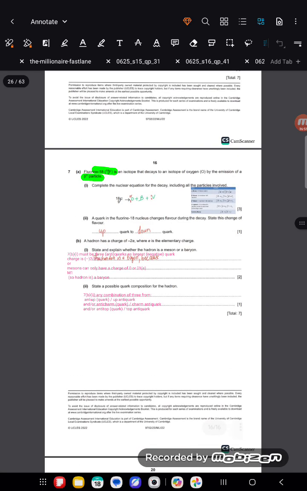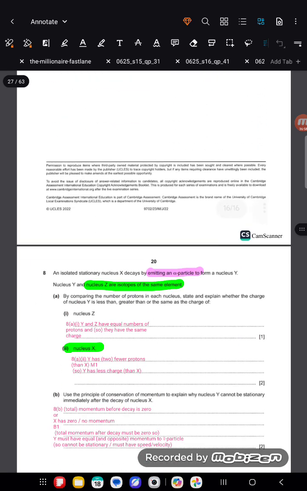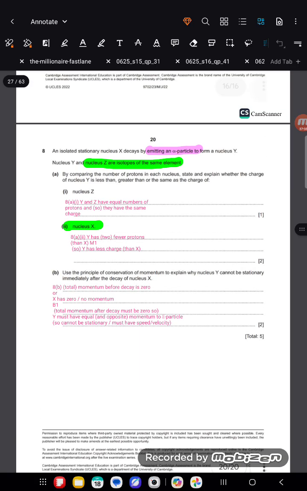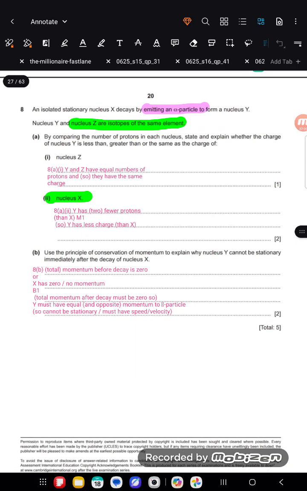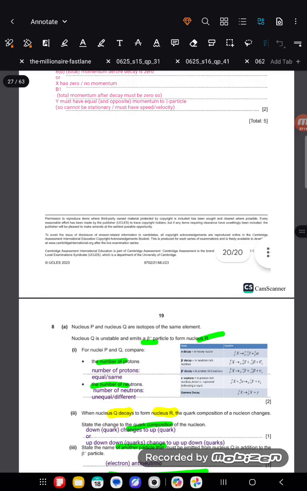In this part I taught you about the decay: alpha, beta minus decay, beta plus decay, and kinetic energy. From kinetic energy, how you find the speed, for the beta and for the alpha.